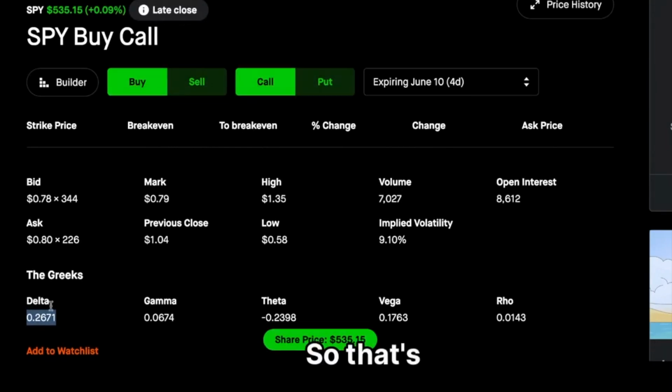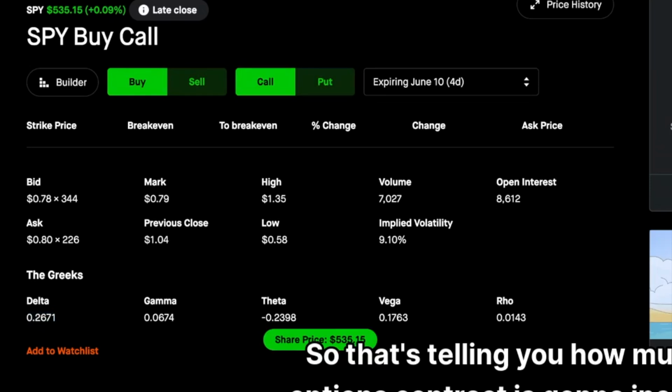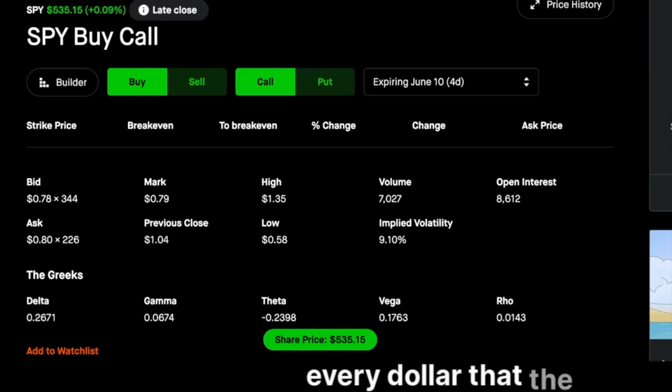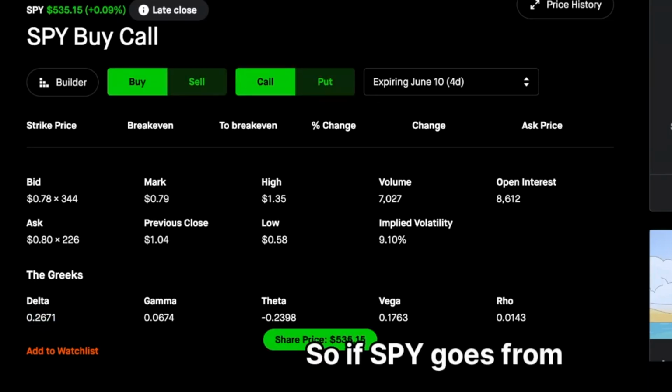That tells you how much your options contract is going to increase for every dollar that the stock goes up. Right now the share price is 535.